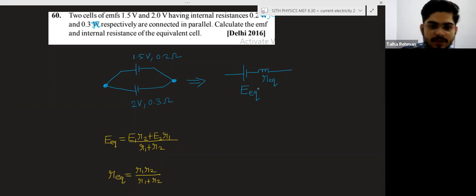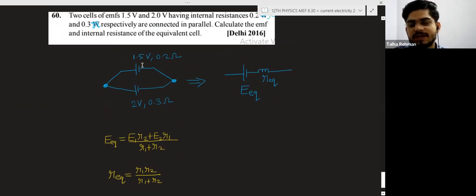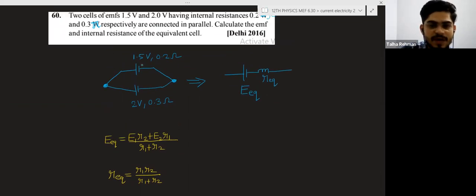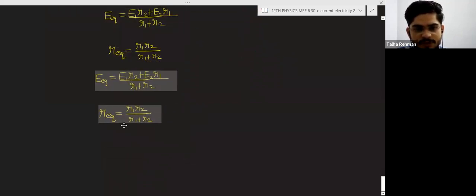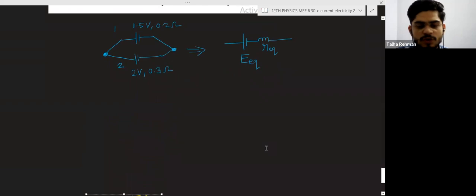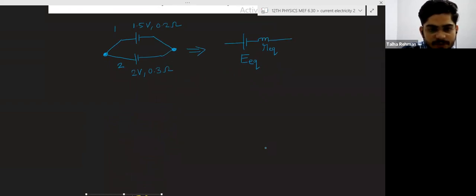R1 is given to you. You can choose any cell as 1, any cell as 2. I am supposing this as cell 1, this as cell 2. This is a very easy question. You just have to put the values in the formula. So you can take E1. Here, what is the value?